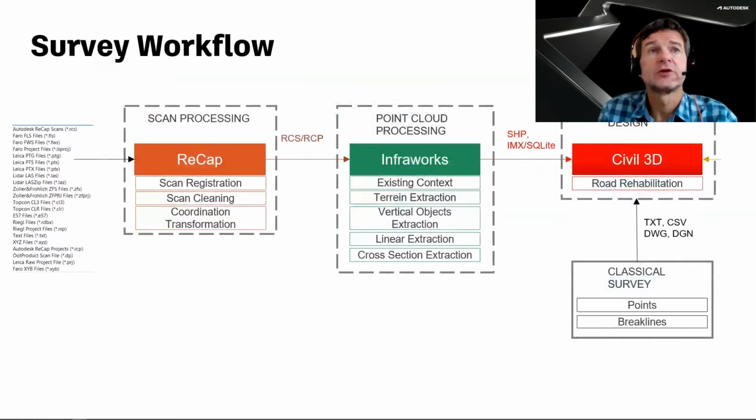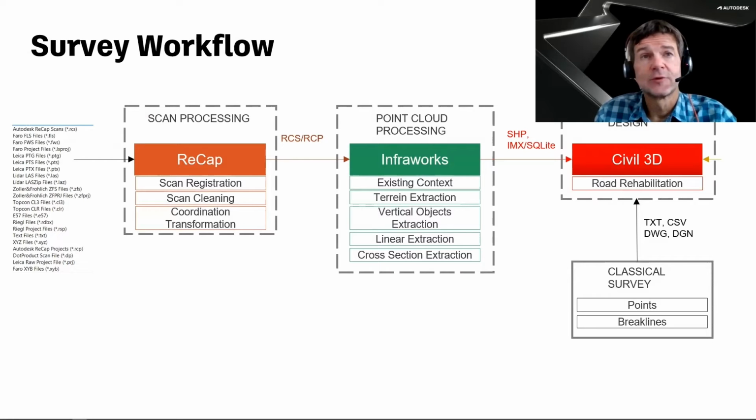If I look at a survey workflow, you have what we call at the beginning raw data. Basically, you have data from different laser scanners, and you need to process this. This is why we have software called Recap, which is capable of consuming different file formats, indexing it, and maybe you need to clean it, put together different scans.